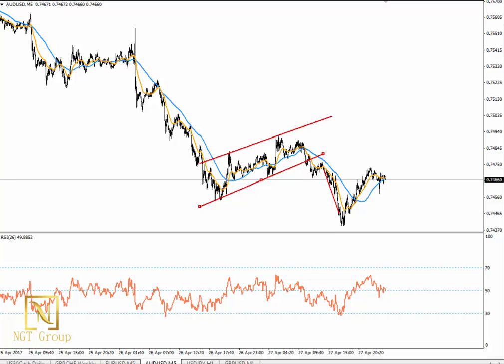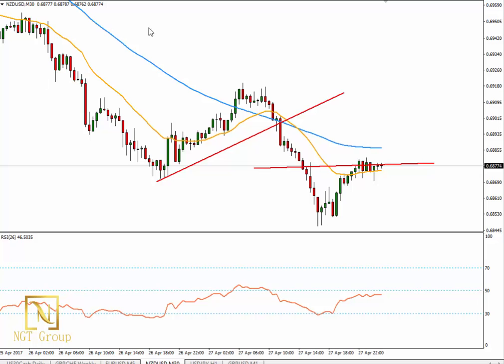So we are going to be looking now at the New Zealand versus the US dollar, and it's a 30 minutes chart. Now we can see here we got our 20/60 crossover on the 30 minutes chart, showing that the market is heading back down after this pullback here.